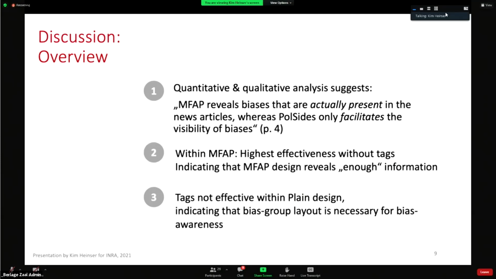What we also saw, as I mentioned in the previous slide, is that the most frequent actor polarity method was most effective if there were no additional text, which could be due to the fact that respondents don't really know this type of grouping yet. Everyone knows, of course, left, center, right, but this idea of grouping articles into their polarity is not as prevalent yet. What was also interesting is that just putting tags on articles without grouping them into perspectives didn't have an effect. So we could see that this bias group layout might be necessary to facilitate bias awareness as well.